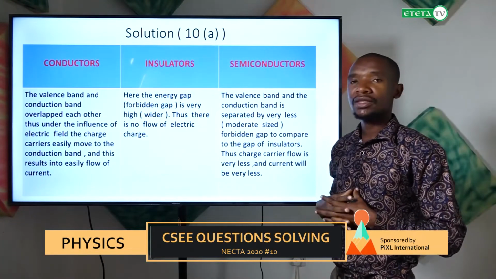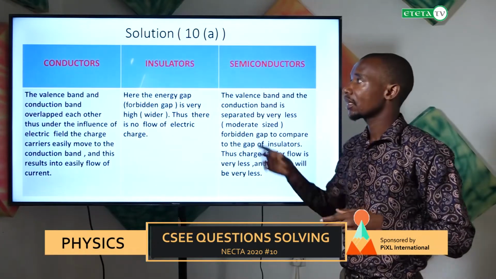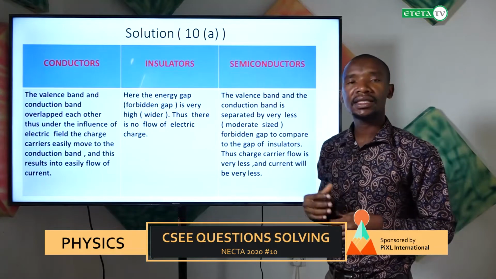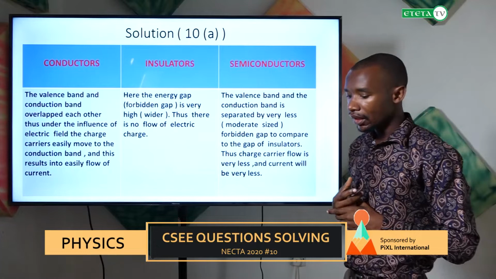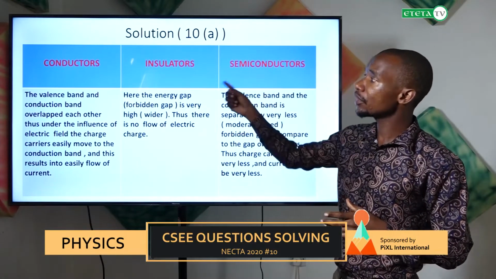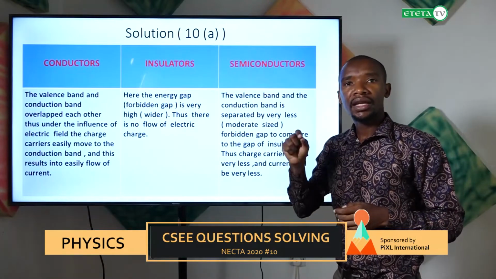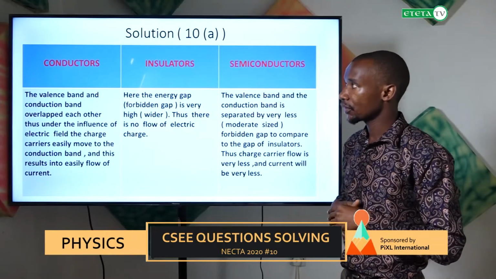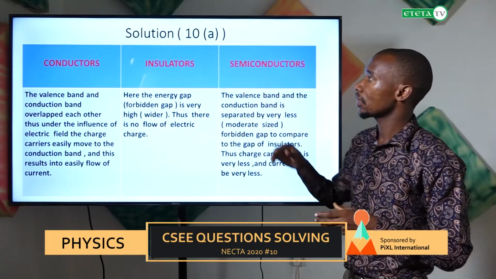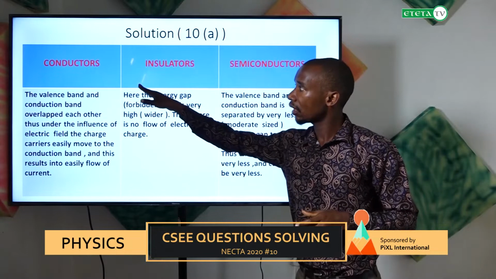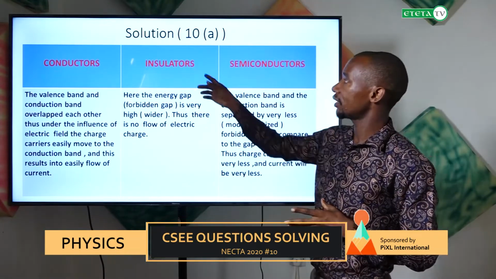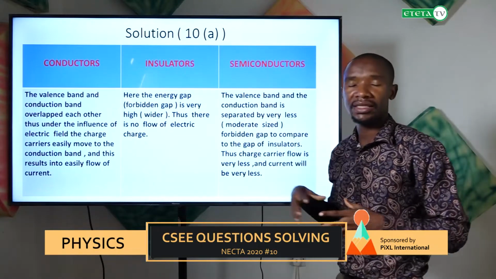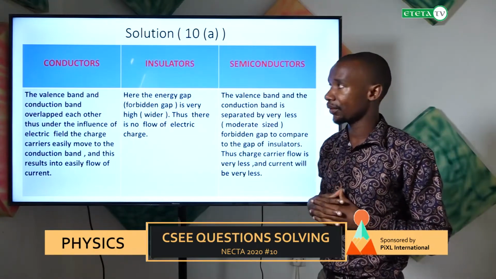The question wants us to distinguish between conductor, insulator, and semiconductors. First of all, we have to distinguish this according to the energy band theory. So we are going to see what is behind conductors and what is behind insulators and semiconductors in terms of energy band theories.